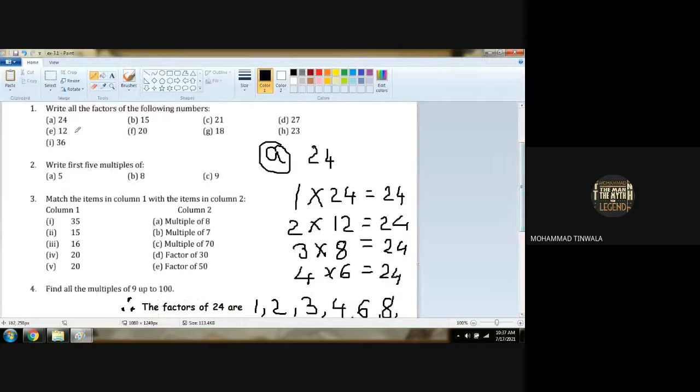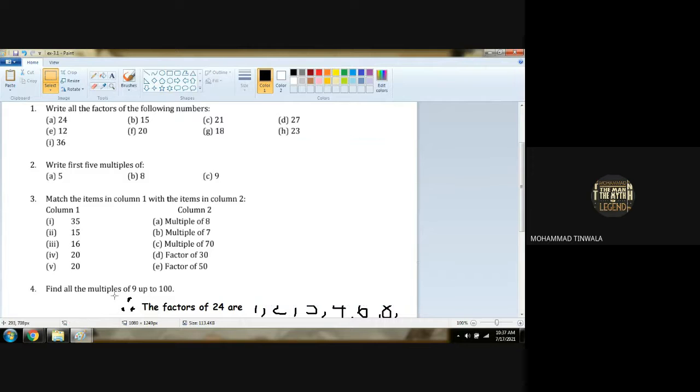Question number 2. Let me read it. Write first 5 multiples of 5, for example.